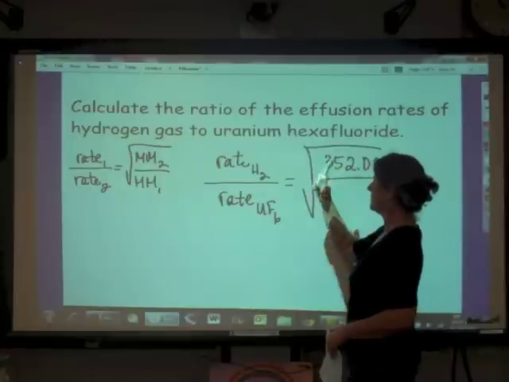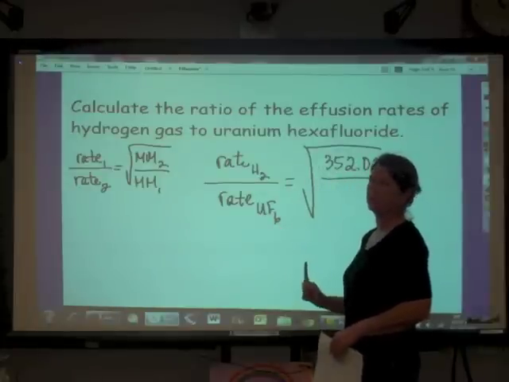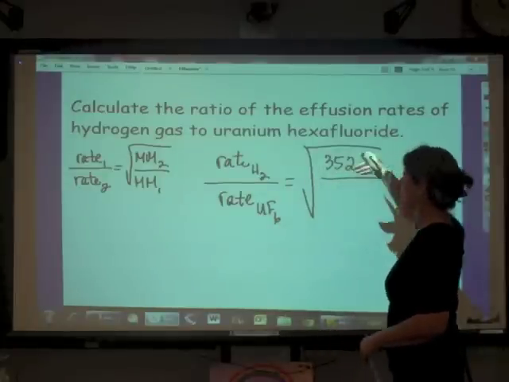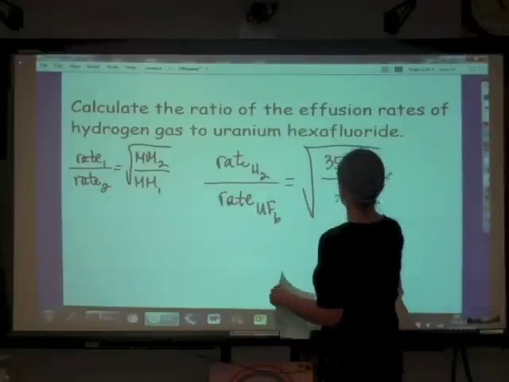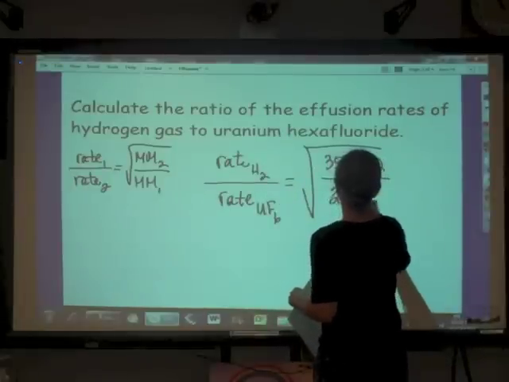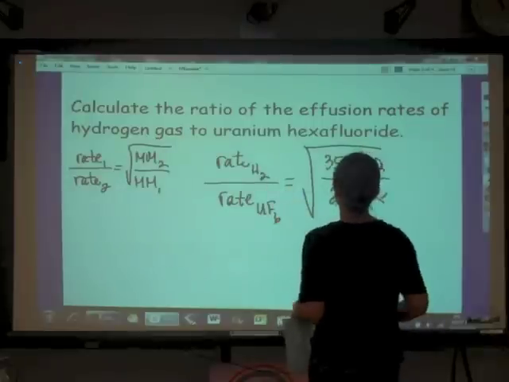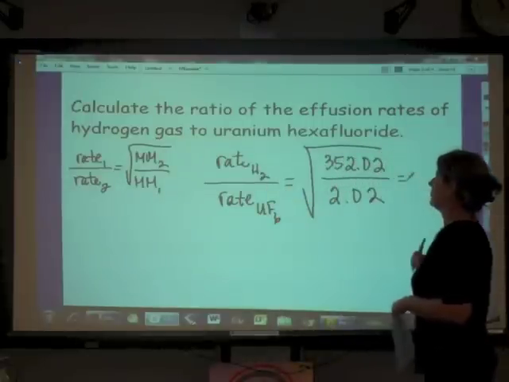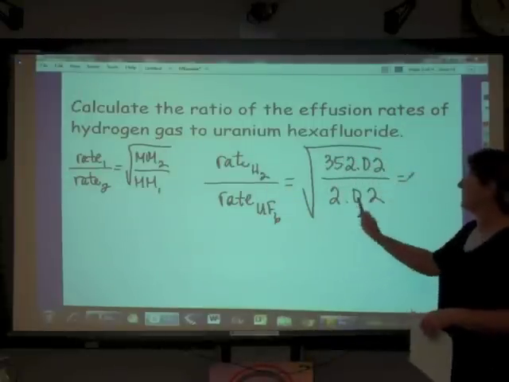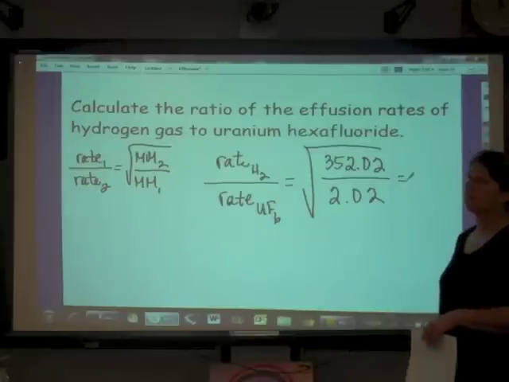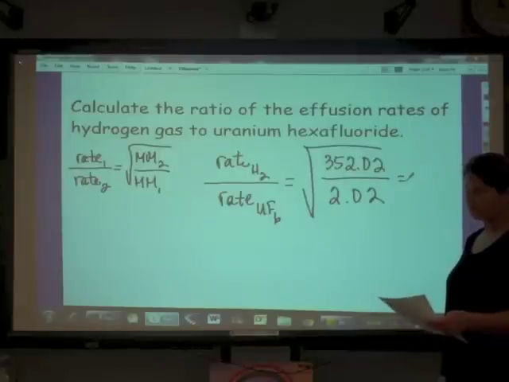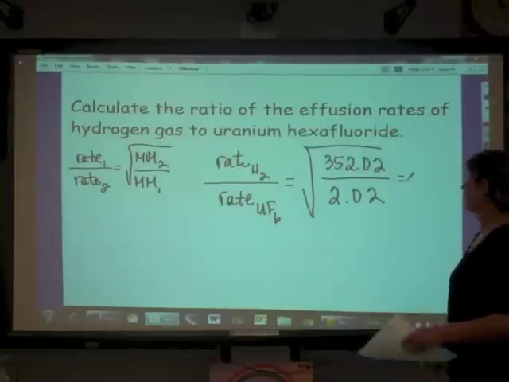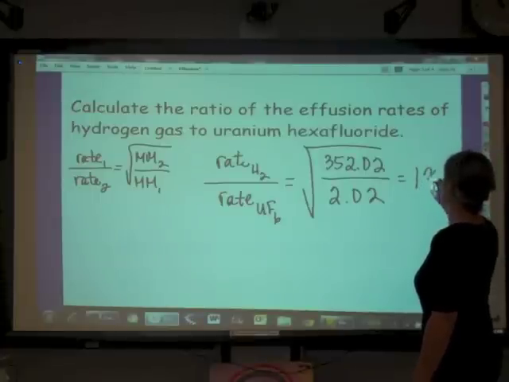Okay, this mistake is going to get made, people. Don't let it be you. Remember, we're doing the inverse of what we've done here. Divided by 2.02, that is the molar mass of hydrogen. So we will divide these and find the square root. You should probably do that on your calculator just to make sure you're doing this correctly. And we get an answer of 13.2.